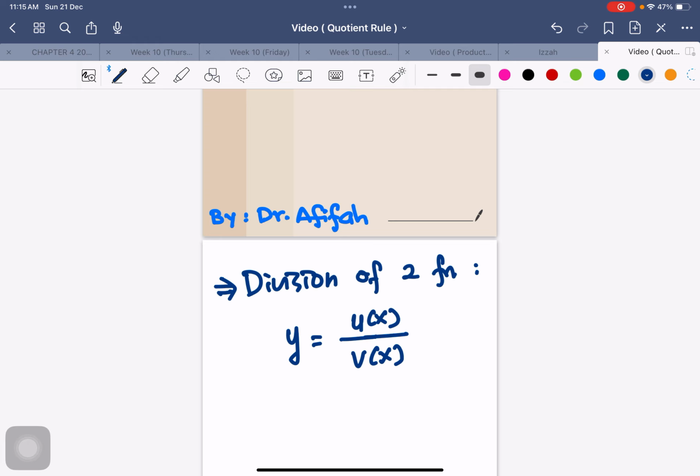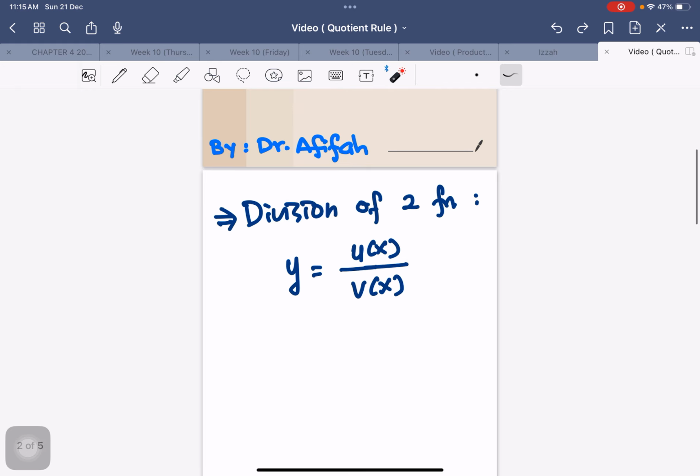For product rule, you can choose which one to be your u, which one to be your v. Both are accepted. But for quotient rule, it's very strict lah. Tak ada pilihan. The numerator will be u, the denominator will be v. So you tak ada pilihan.